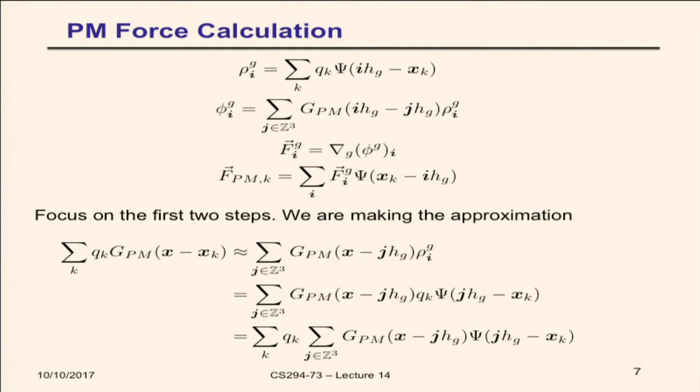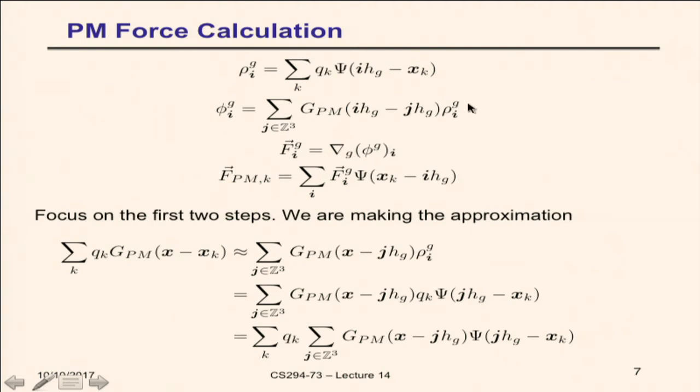So these are evaluated at grid points. Think of this as a kind of approximate delta function, if you like, on your hg grid. So you have one for each particle centered at the location of the particle.